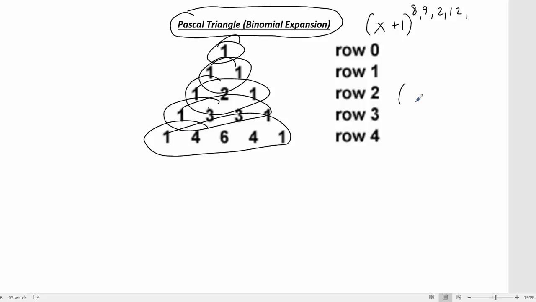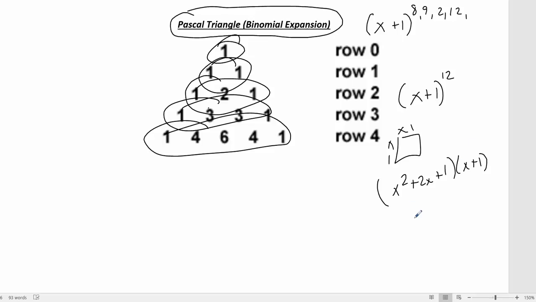So if you think about this, if you take x plus 1 to the 12th power, the way we currently do that is I would have a box with x and 1, with another x and 1, and then I would get x squared plus 2x plus 1 for the first box, and then guess what? I'm going to do it again, and again, and again.